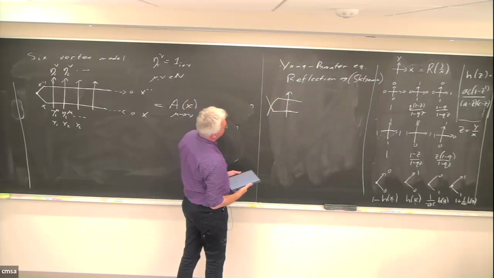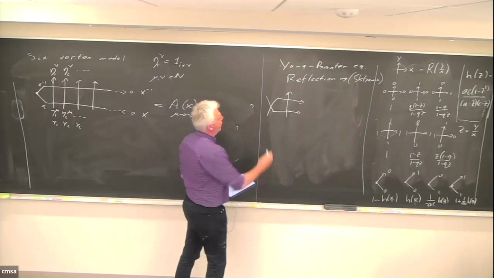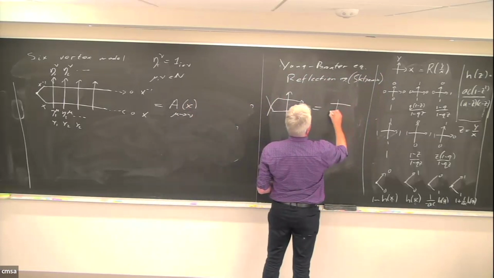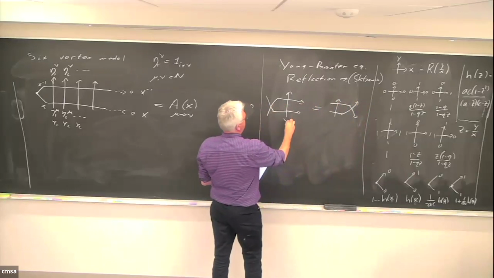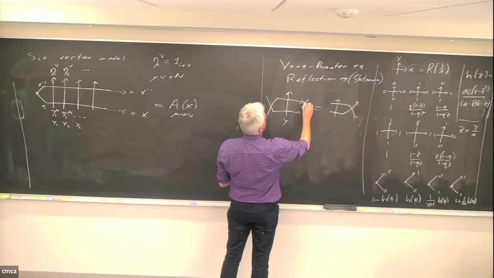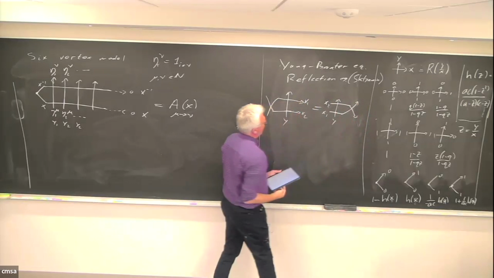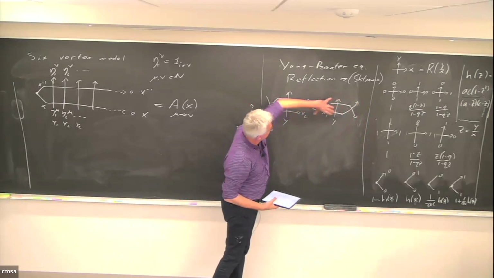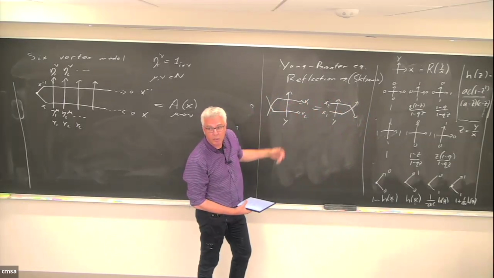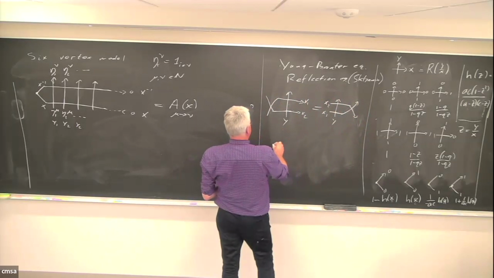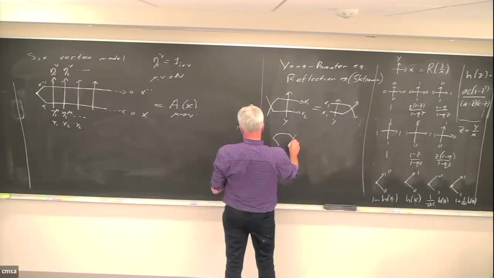If I have 3 of these objects with this sort of orientation, then I can move the cross to the other side. And if this was dependent on y, and this on x1 and x2, then the dependence on x1 and x2 in this part of the picture will have changed. So you can move the x's around if you have this property. And reflection, let me draw it like this.